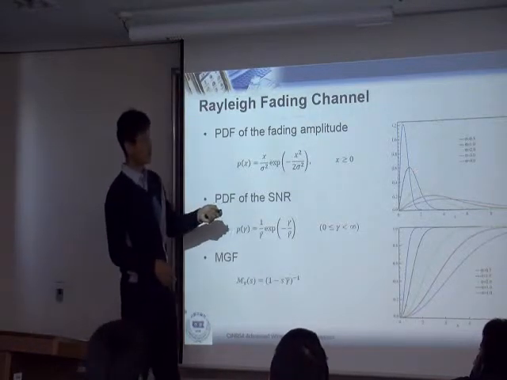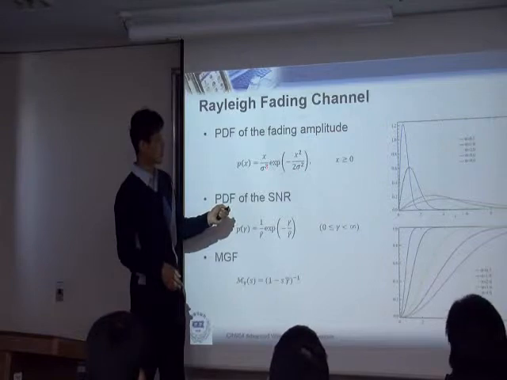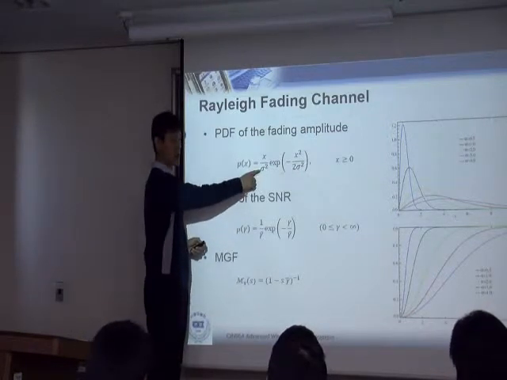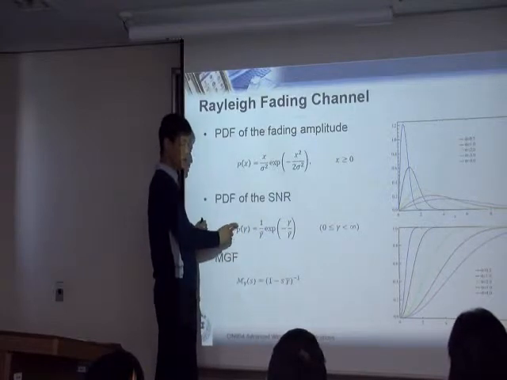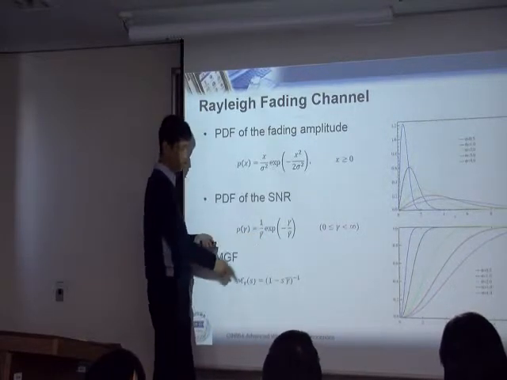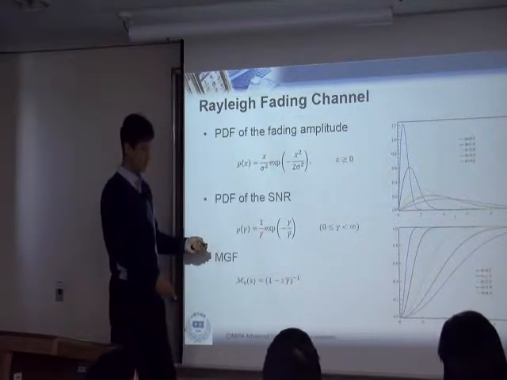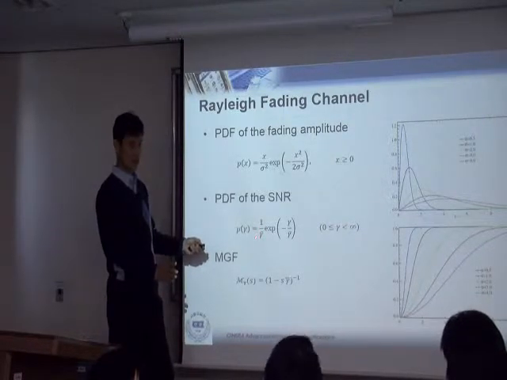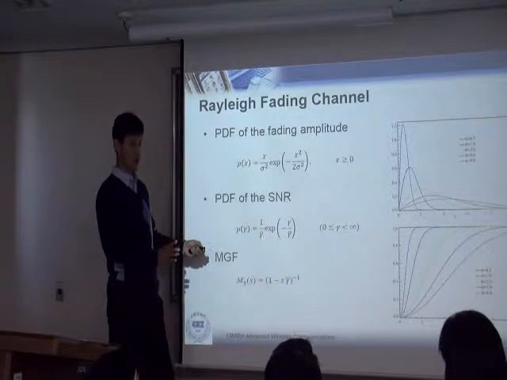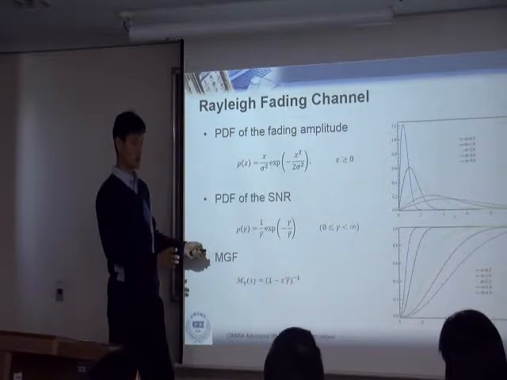You have only one, sigma in this case. You have only one parameter. And if you use the PDF of SNR, here again you have only one parameter. That's going to be this one. What is this one, by the way? Gamma over bar, that means average SNR, okay? So this one is the only parameter that you need, average SNR.